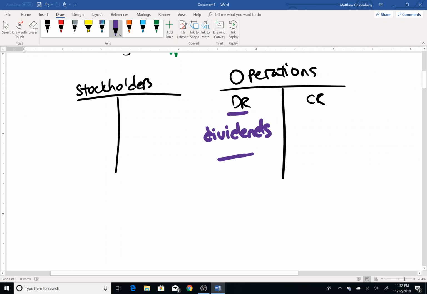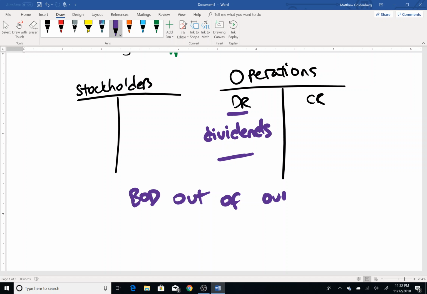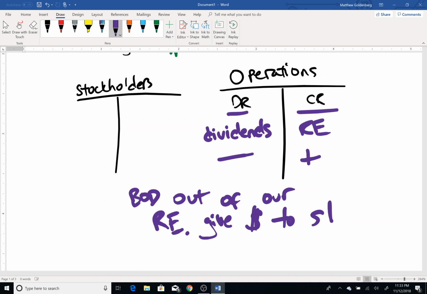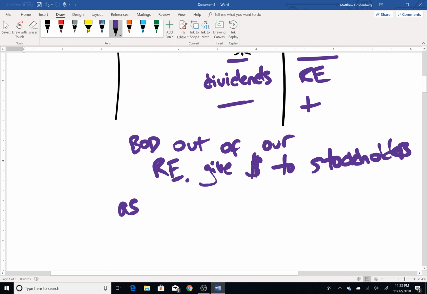This is usually a minus because when a company does dividends, they're basically saying we, the board of directors, are saying that out of our retained earnings, which usually is on this side and is a positive, we are going to give money to stockholders as a reward.